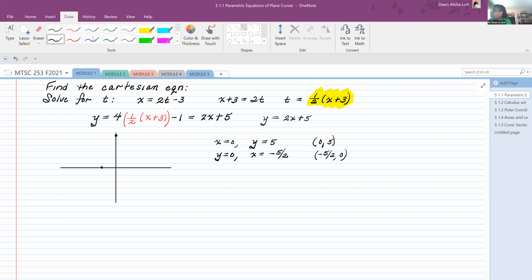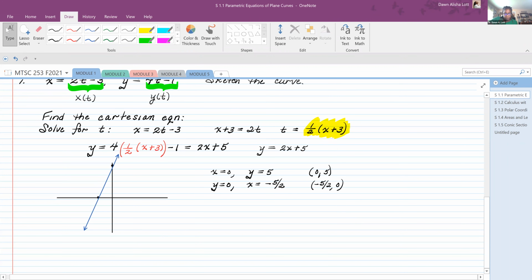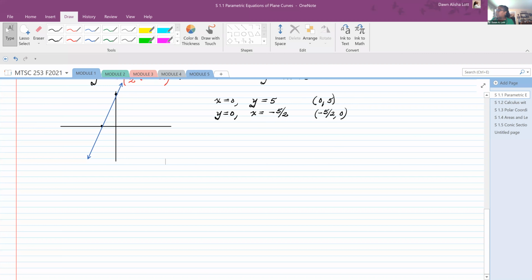And then I can draw a line through them. Okay, and so there is the graph. So there are two ways to define this curve. Here's the curve.